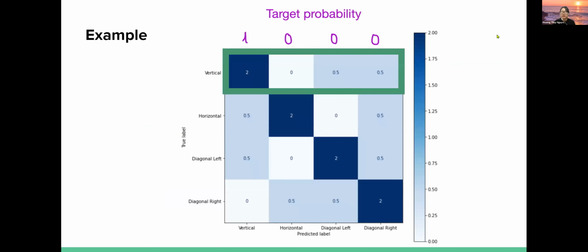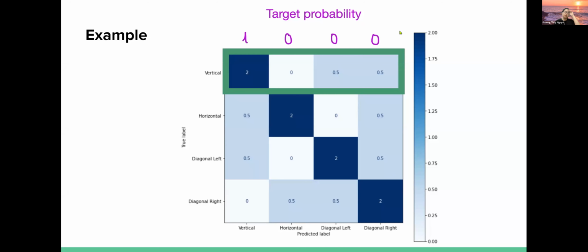So again, going back to our confusion matrix, we have the predicted label as our x-axis and the true label as our y-axis. Let's focus on the top row, where the true label is vertical and you have different values for the predicted values. Only looking at this row, you may be able to say the model that we have right now is not perfect, but to what extent and what you can improve, you cannot comment on.